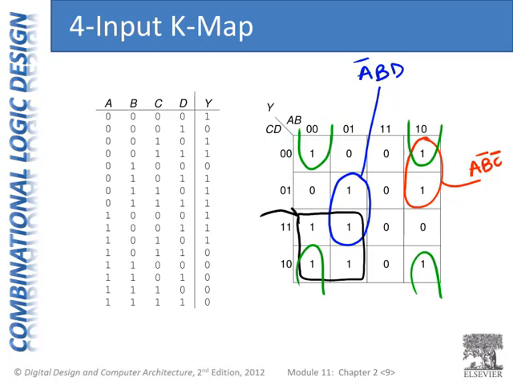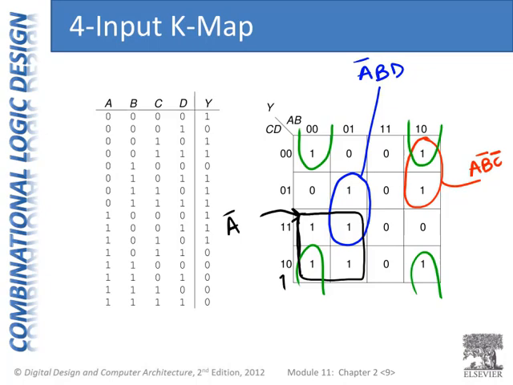Now we look at this circle. Well, this circle includes both complement and true forms of B, so B isn't in our implicant or our product term. But A just has the complement form, so we'll put the complement form of A into that implicant. And we look at that circle again.